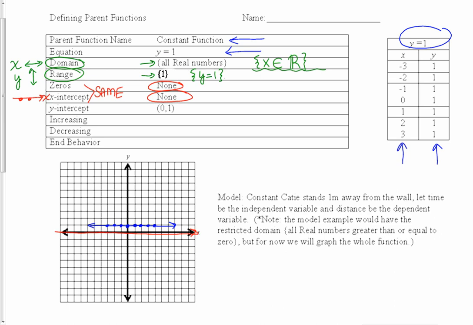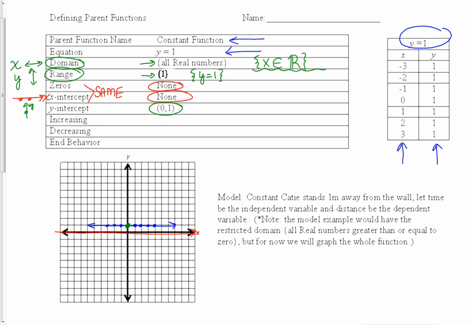The y-axis goes up and down. So my y-intercept is where I touch the y-axis. This graph touches the y-axis in one place, at y equals 1. As a coordinate, I would write (0, 1) for my x-y pair.